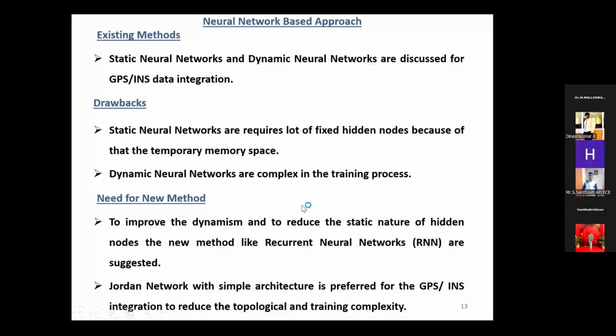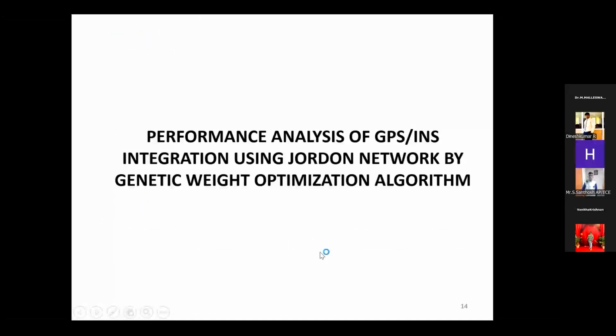It is preferred for this GPS INS integration to reduce the topological and training complexity. Now we will look at the performance analysis of this GPS INS integration using this Jordan-based recurrent neural network, by applying an evolutionary algorithm like the genetic weight optimization algorithm.